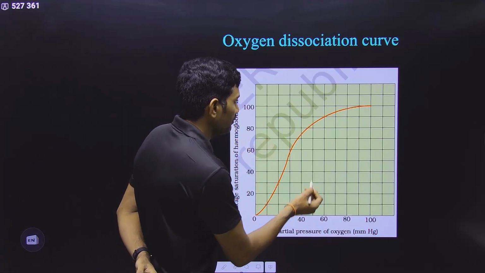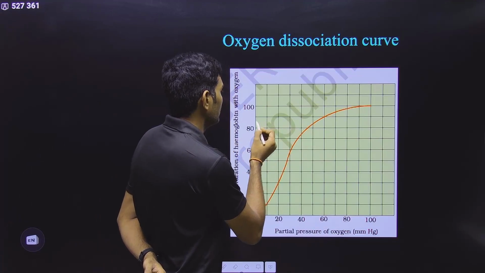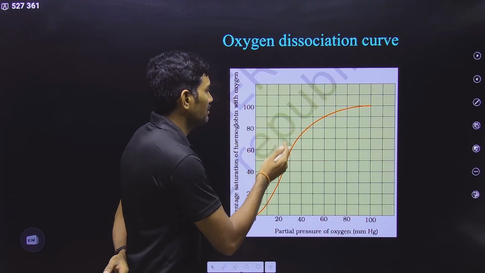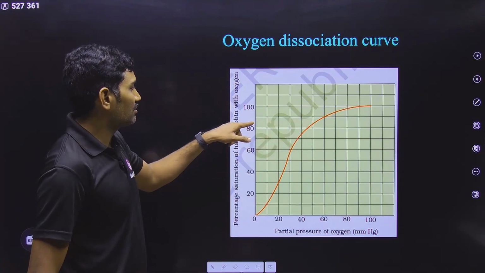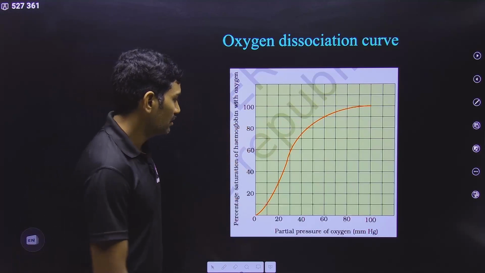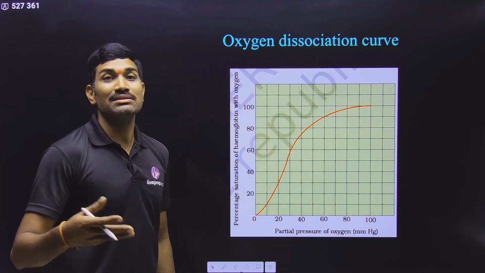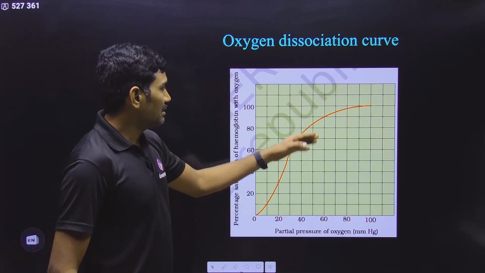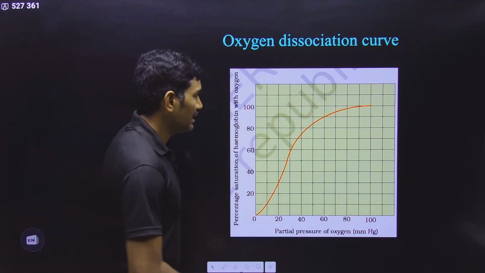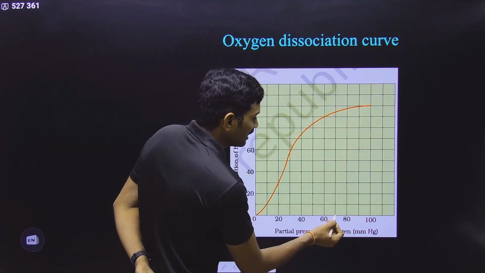When it is 50 mmHg, it is around 83 or 84 based on this. Yes or no? Next, when it is 60 mmHg, you are getting approximately 90% saturated. See here, at 60 mmHg itself it is 90% saturated, and after that it becomes a little bit slow.